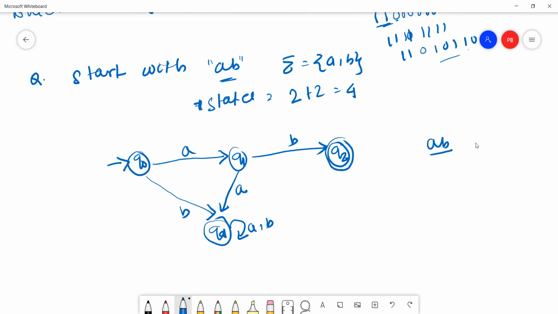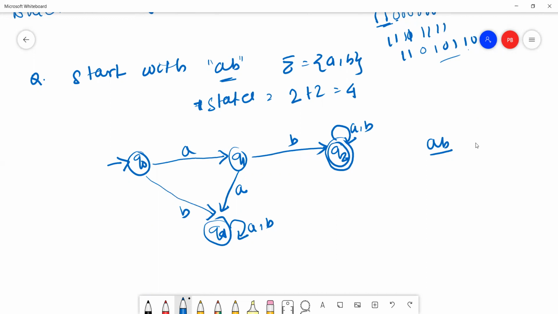And I can keep any number of A's and any number of B's on the final state, because every string must start with AB. Any number of A's and any number of B's can come after AB.